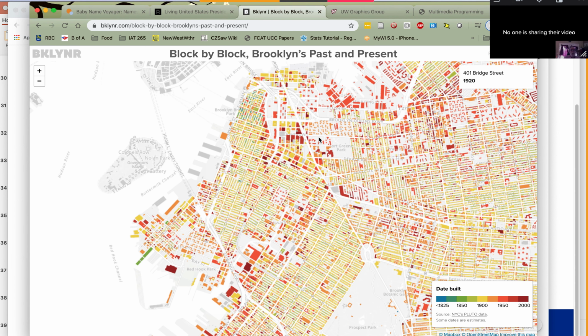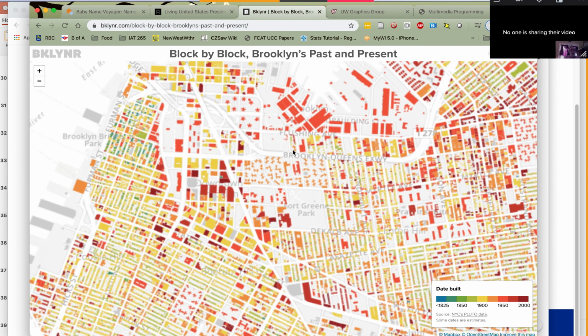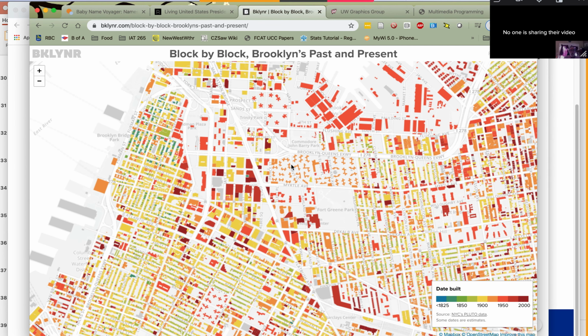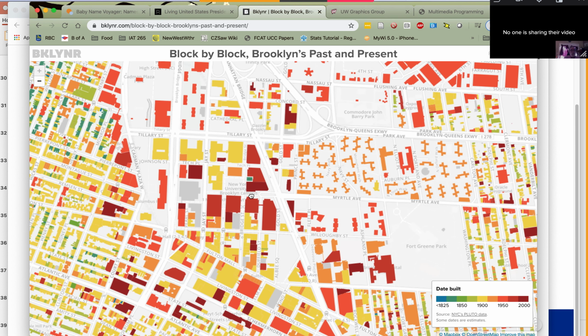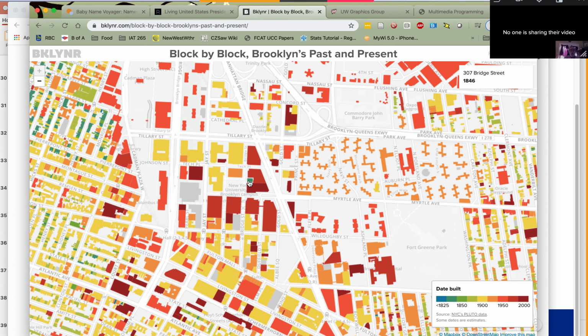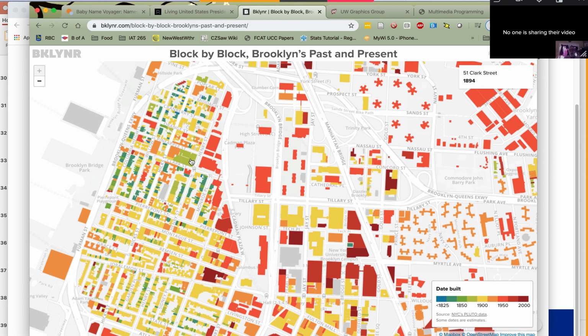And you can see there's a significant amount of Brooklyn where the buildings have been built essentially since World War II. But there are a few exceptions. There are some older neighborhoods here. Here's a neighborhood where there's a lot of older housing. And what's showing up in the upper right is the year when the building was built.